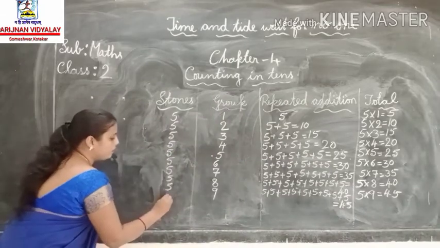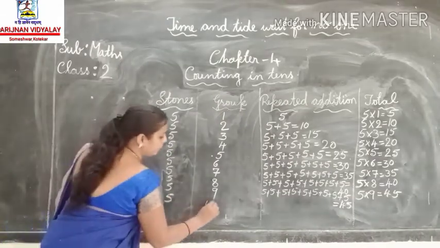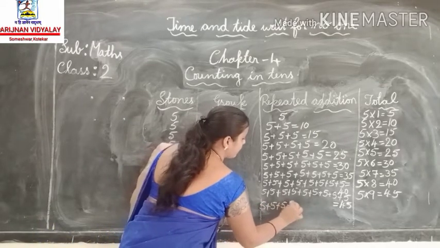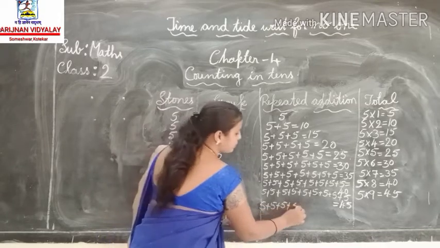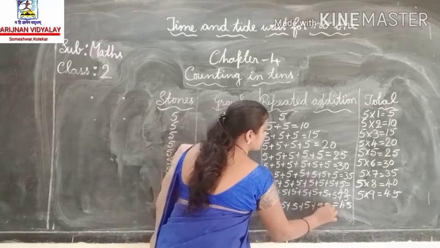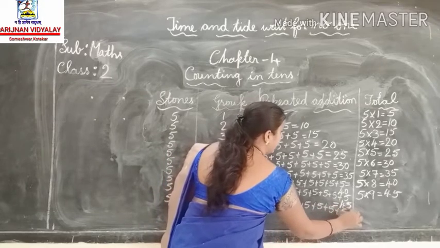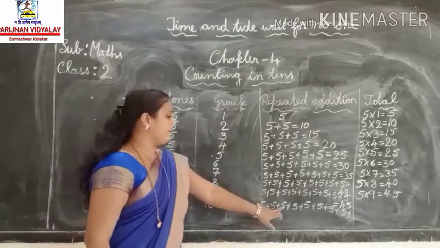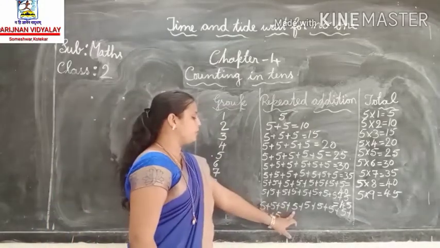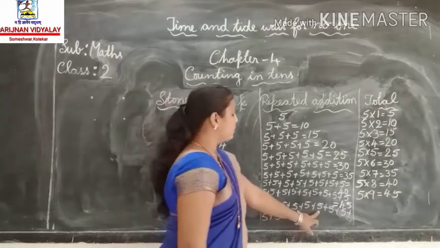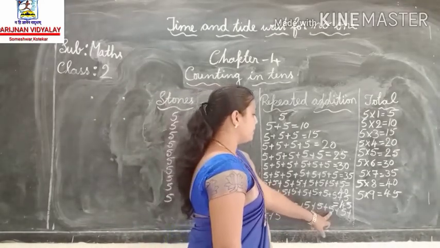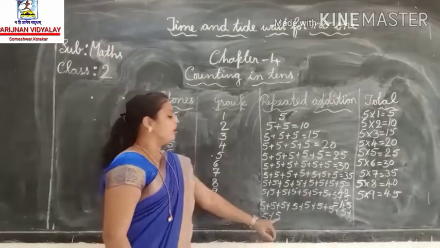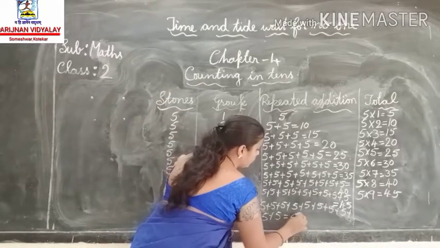Next, 5 into 10 groups, 5 plus 5 plus 5, 1 time, 2 times, 3 times, 4 times, 5 times, 6 times, 7 times, 8 times, 9 times, 10 times. 5 plus 5 is 10, 10 plus 5 is 15, 15 plus 5 is 20, 20 plus 5 is 25, 25 plus 5 is 30, 30 plus 5 is 35, 35 plus 5 is 40, 40 plus 5 is 45 and 45 plus 5 is equal to 50.